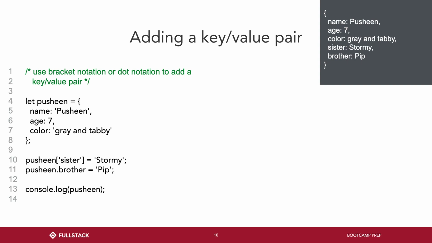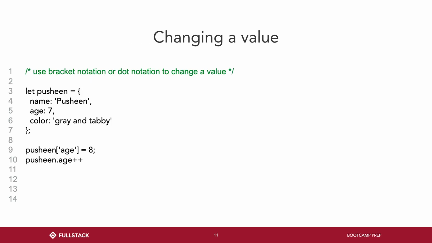If there was already a key called brother in there, whatever it was, it is now pip, because keys are unique. They have to be unique. We do the same thing here. Let Pusheen, we do Pusheen at age is now going to be equal to 8. Then we do Pusheen dot age plus plus. So the age is 9, right?